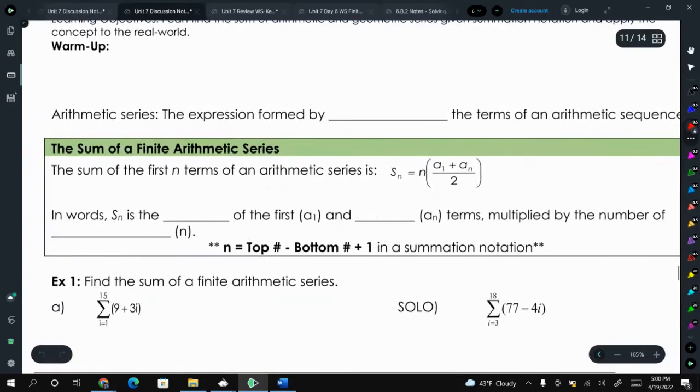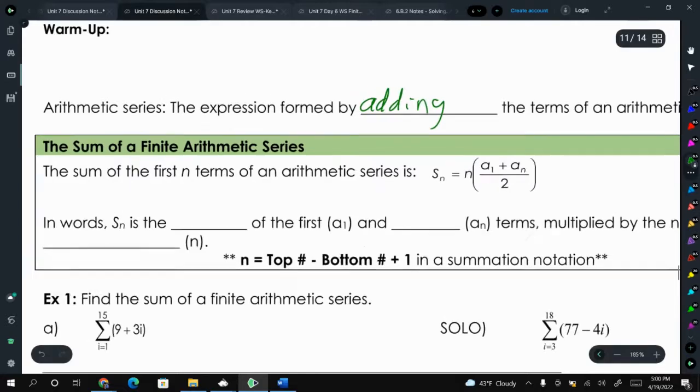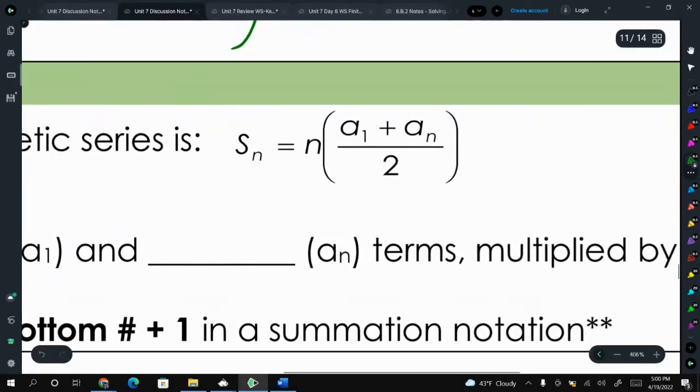So remember, an arithmetic series is formed by adding the terms of an arithmetic sequence. And what we can do is use this formula right here to figure out the sum.